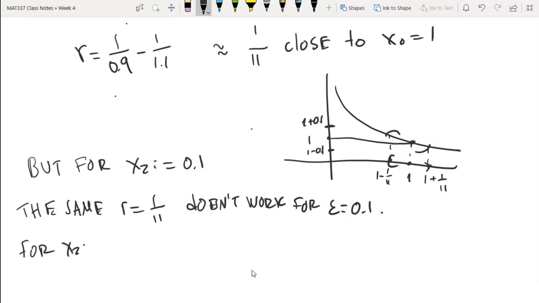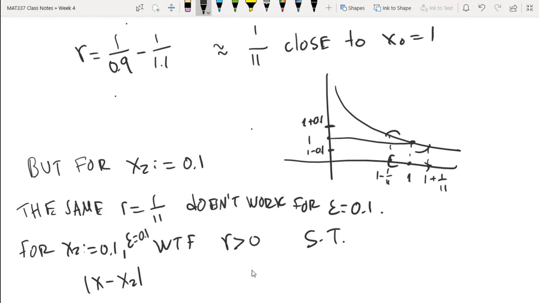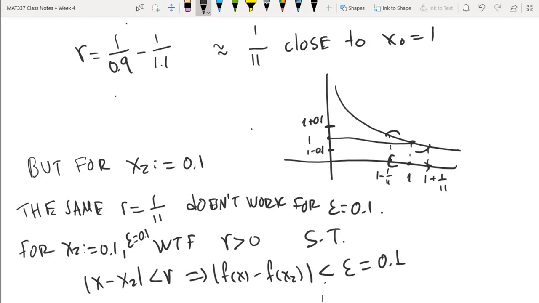For x2 equal to 0.1, we want to find R positive so that |x minus x2| less than R implies |f of x minus f of x2| is less than epsilon, which we put to be 0.1.